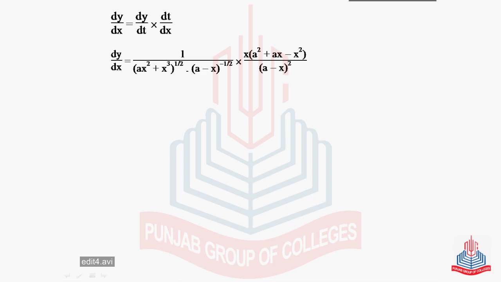So again, substituting the values, that will become exactly the previous step was ax square plus x cube raised to the power 1 by 2 a minus x.